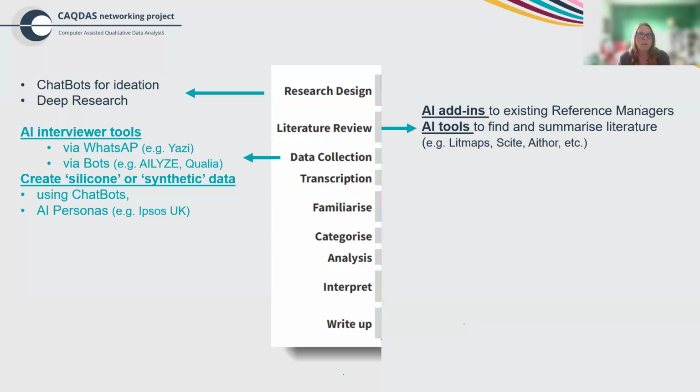The more I've thought about this and experimented with the tools, if you go to the Qualia website, you can have a go at being interviewed by a speaking bot and get a sense of how that feels as a participant. It is something that's happening more and more, probably more in market research sectors rather than academic research.